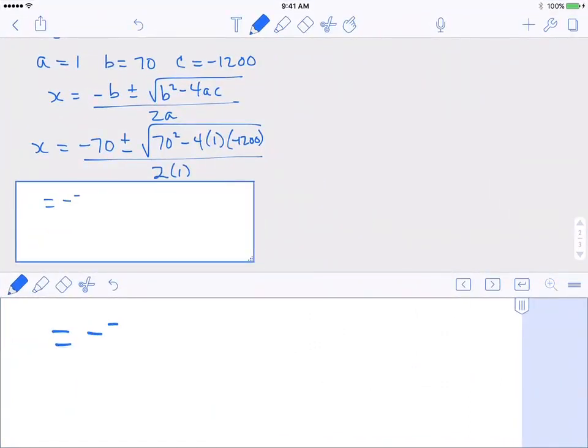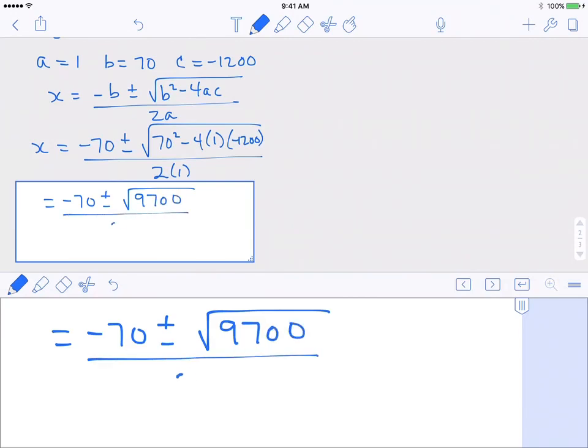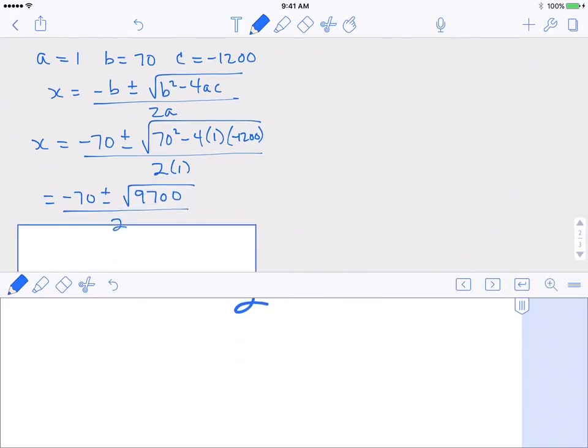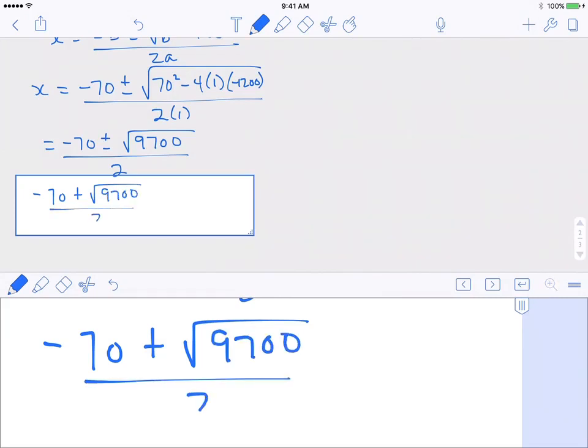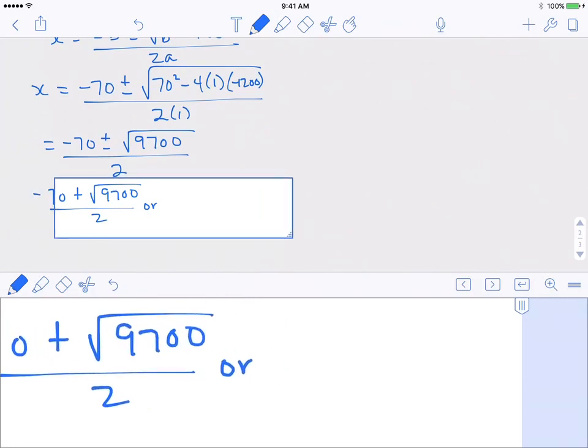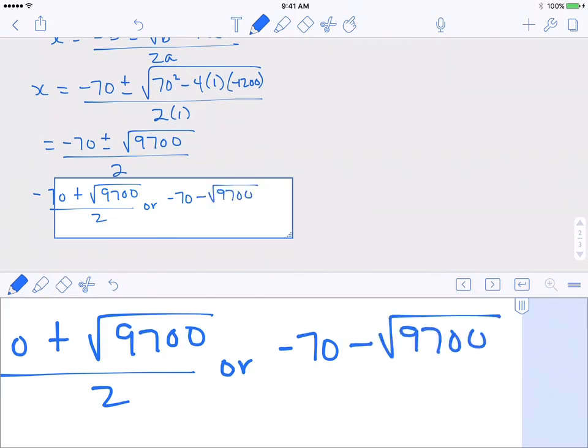So I know I have negative 70 plus or minus the square root of 9,700 all over 2, because 2 times 1 is 2. So really our roots are negative 70 plus the square root of 9,700 over 2, or negative 70 minus the square root of 9,700 all over 2.